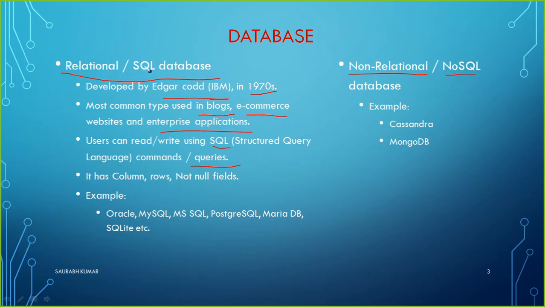Generally, if you have a relational type of database, there are always columns and rows, and there is also one more thing, which is a not-null field, meaning that there will be at least one field which is going to be unique, and it is mandatory to have information inside that field. It will be a unique identity which is used to fetch data from your database. Like on a website, maybe you have seen that some places have a star, meaning it is mandatory. Similarly, in your database there will be something which is unique and always needed.